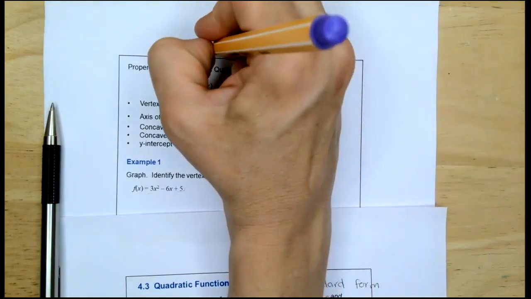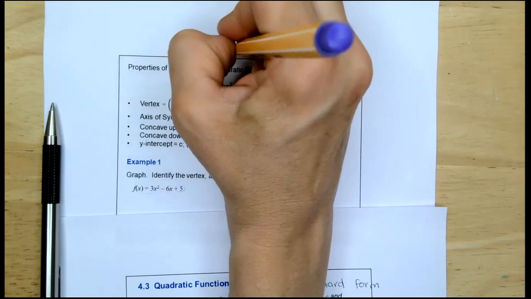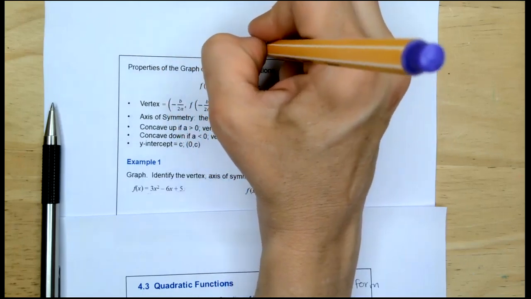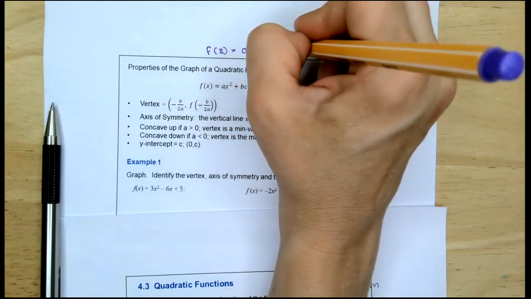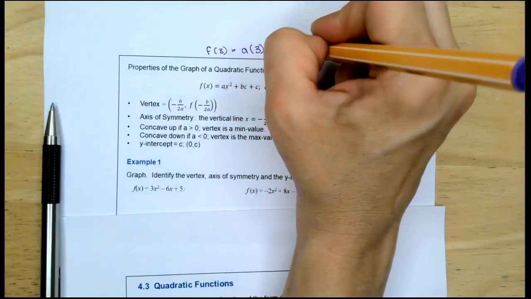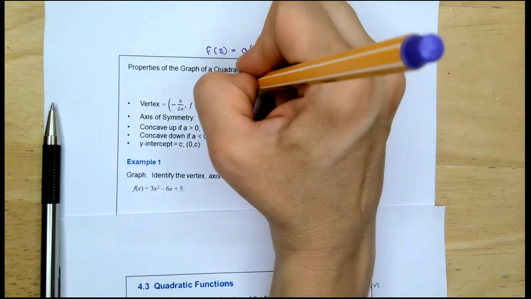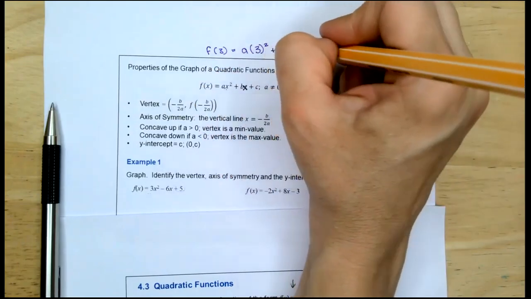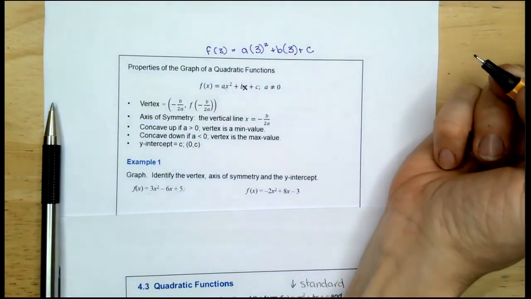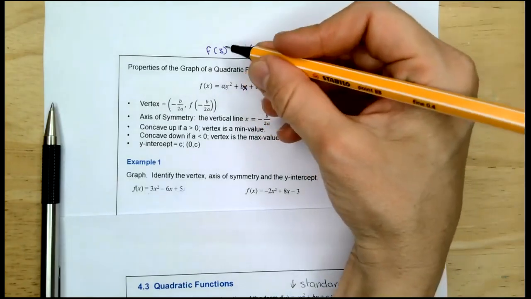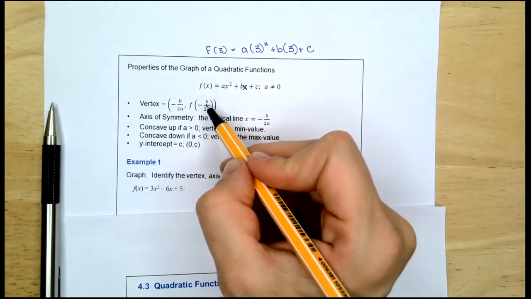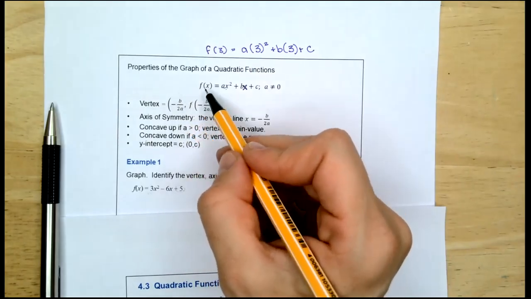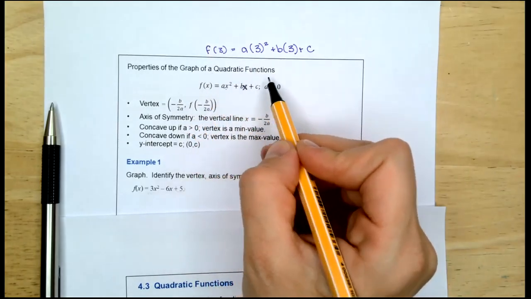Remember, if you saw something like f of 3, that would mean it would be a times 3 squared plus b times 3 plus, oh, sorry, that should be c, right? We're substituting in the 3. So here, f of negative b over 2a means we take that negative b over 2a and put it in as our x, okay?